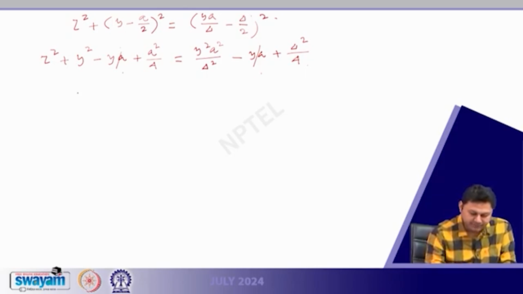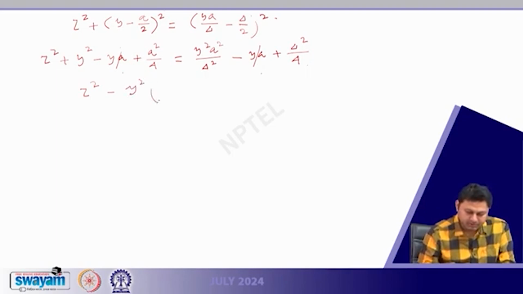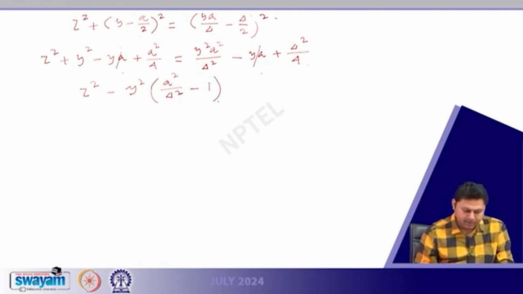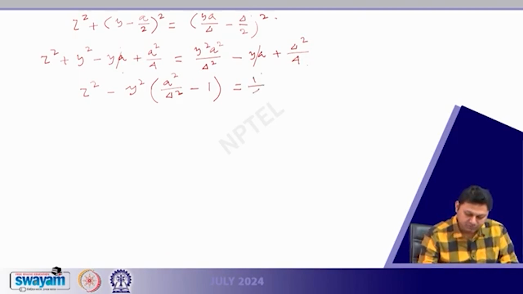So essentially we have z square and then minus y square. If I take common, then it should be a square by delta square minus 1, and on the other side we have the delta terms. I am keeping all the z and y terms on one side, and it should be 1 by 4 and then delta square minus a square.